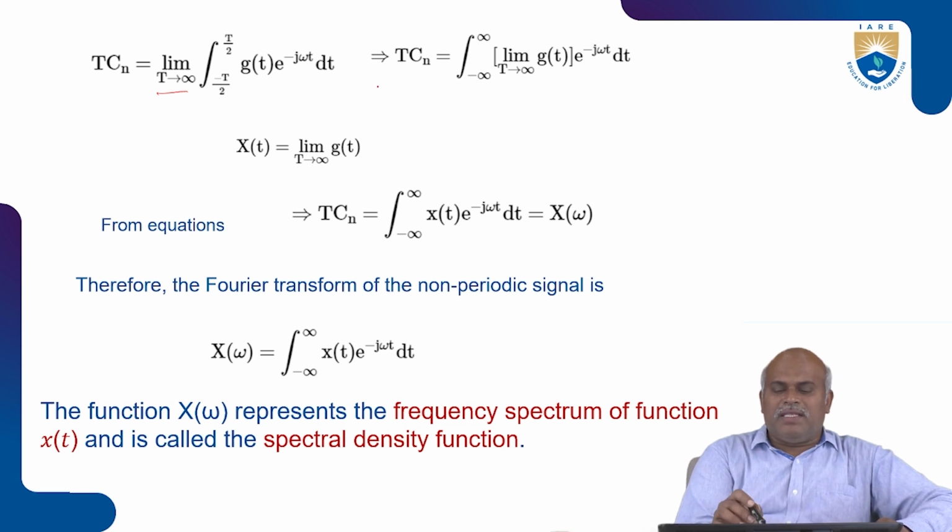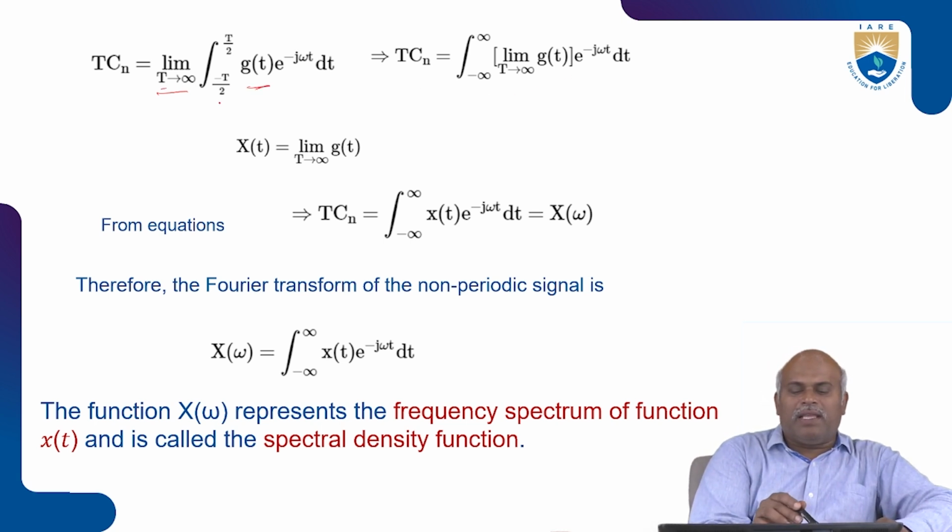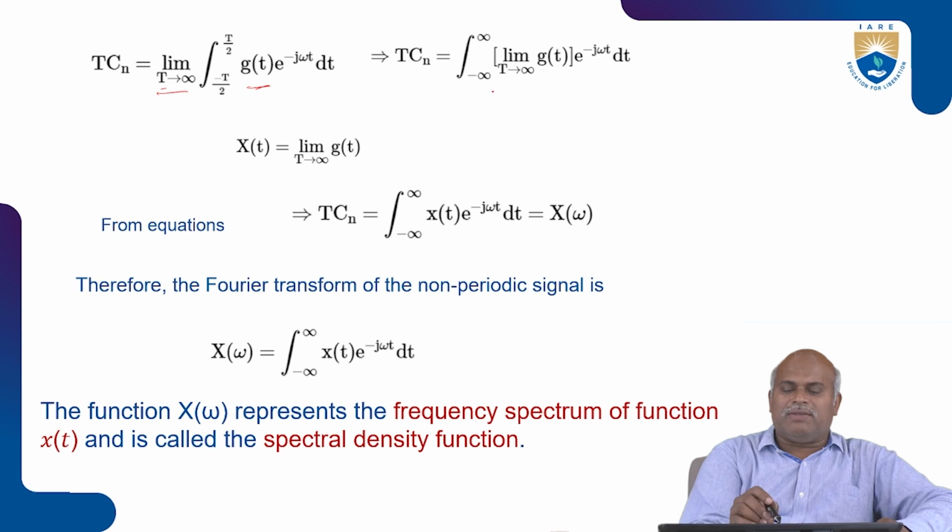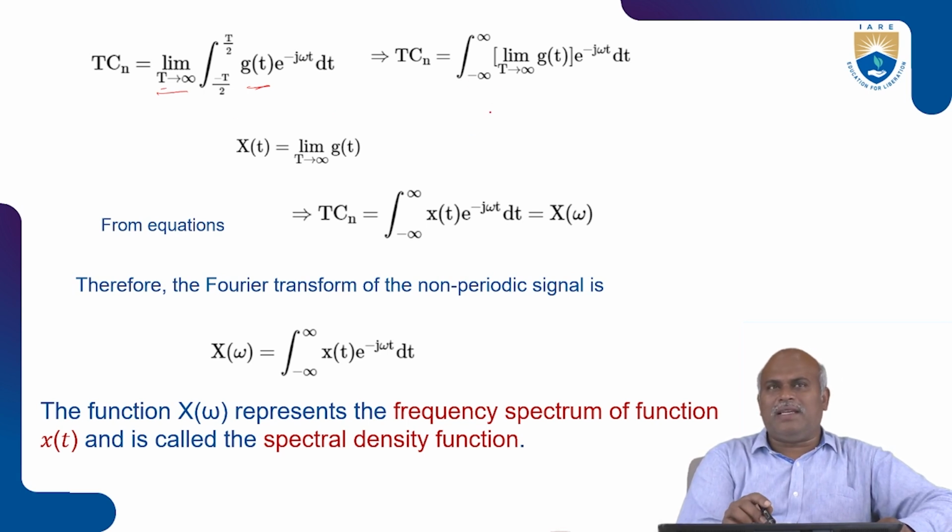Now, in this case, this limit will go only for the g of t condition. So I interchange the limit T tends to infinity as integration from minus infinity to plus infinity, and on the right side of the equation, limit T tends to infinity g of t e power minus j omega t dt, I write.